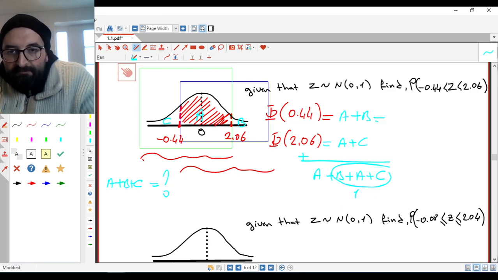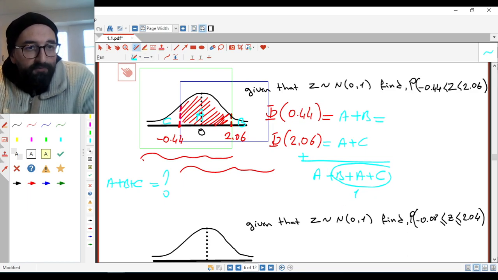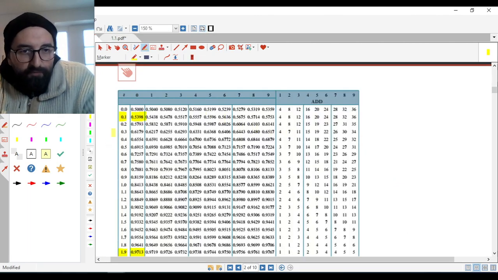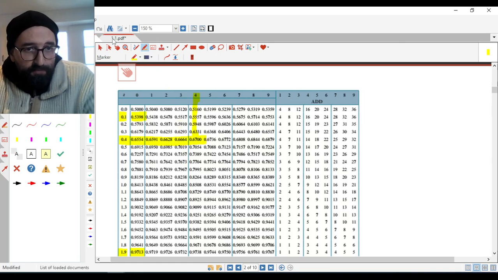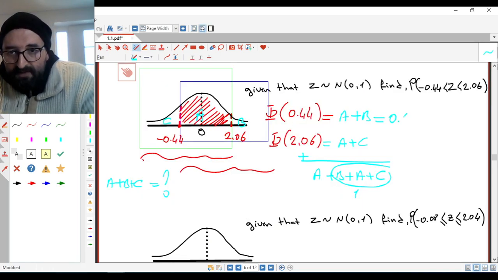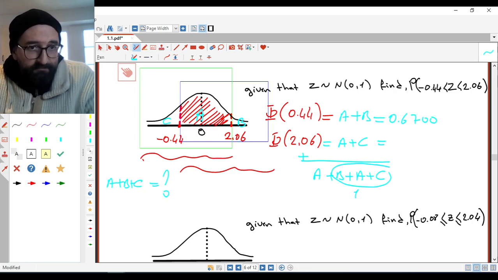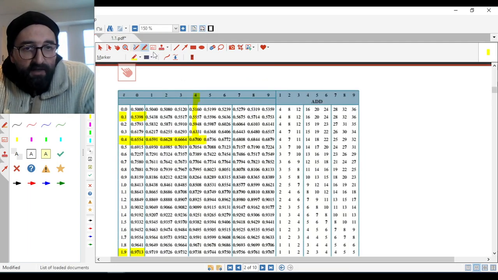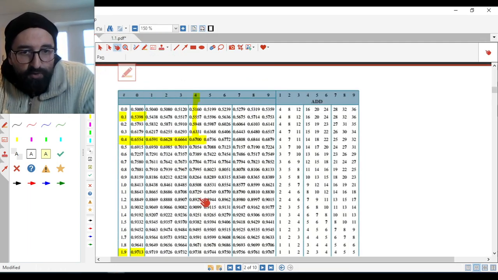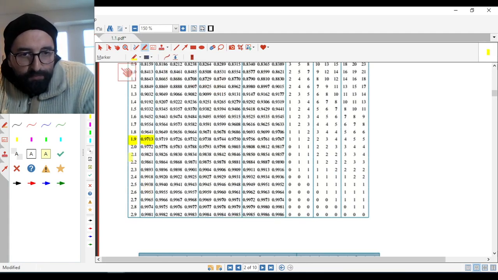Firstly, phi of negative 0.44: 0.4 here, 4 here, 0.44 here, and 0.6700. And then 2.06: 2.0 here, 0, 1, 2, 3, 4, 5, 6.